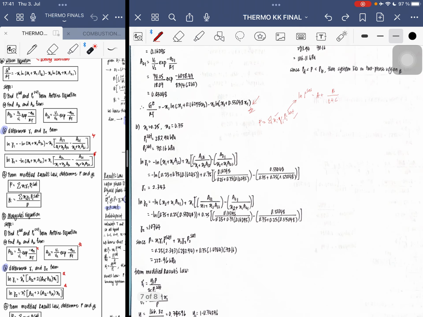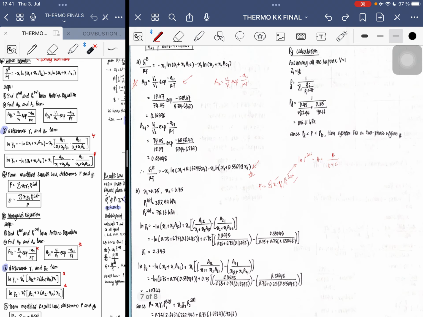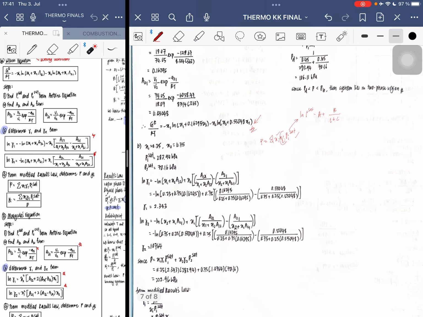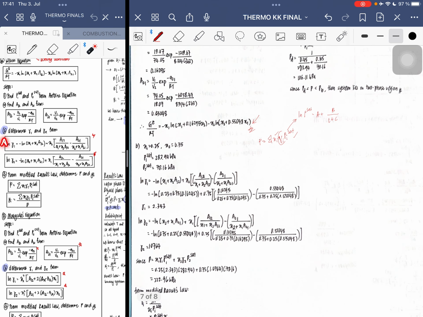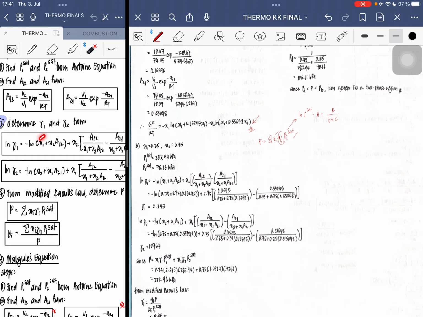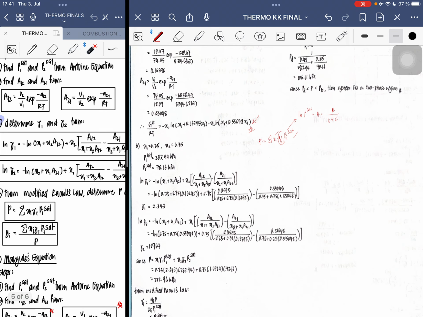From this equation right here, because you have the values of x1 and x2, and you also have the value of a12, you can find gamma 1, like I did over here, and then gamma 2. After you have found your gamma 1 and gamma 2, you can then find your combined pressure.